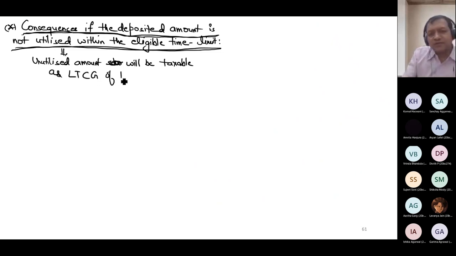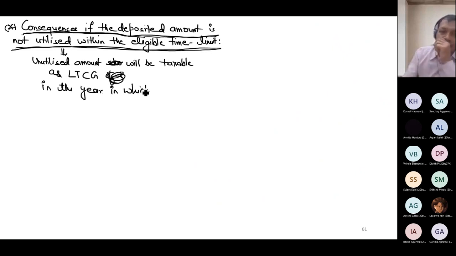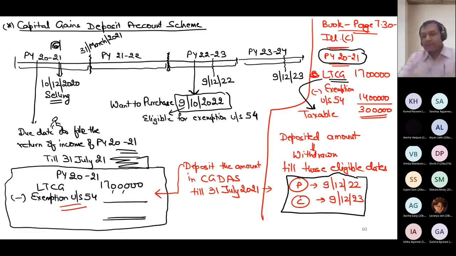Can you tell me which year? Now this is another question. As LTCG, in which year? In the year in which... can you tell me, in this case when I deposited 14 lakh rupees, suppose this amount is not utilized by these dates, on which date will it become taxable?